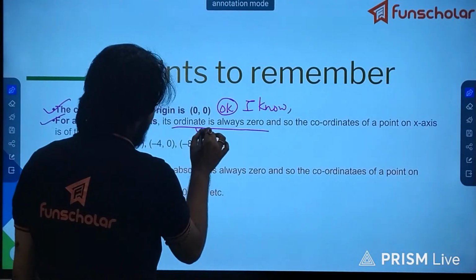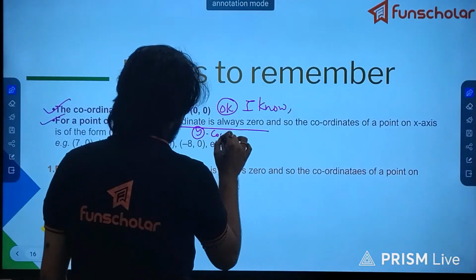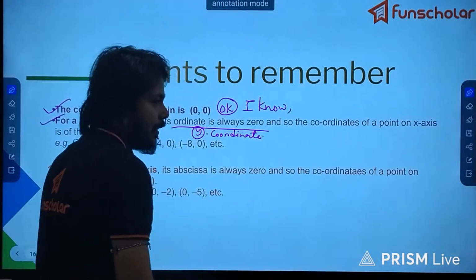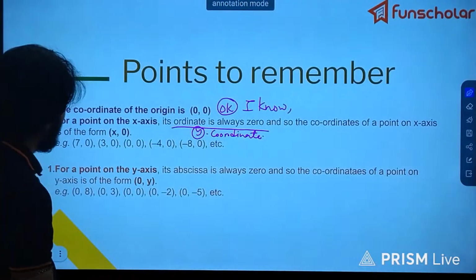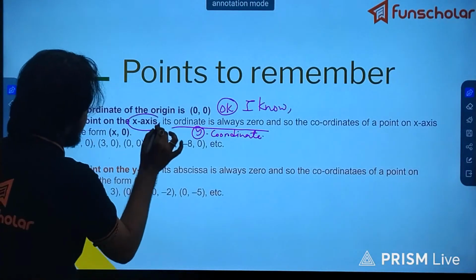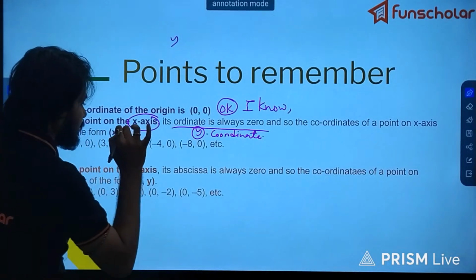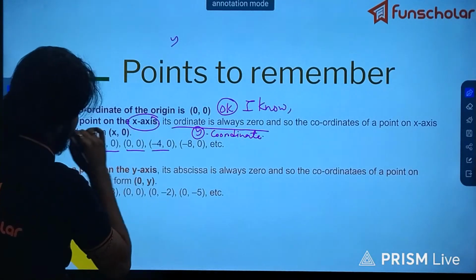Ordinate means the y coordinate. I have already mentioned in the previous slides that for a point that lies on x-axis, its y coordinate will be 0. Okay. 7, 0, 3, 0, 0, 0.